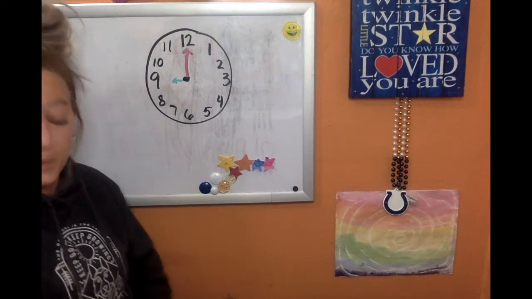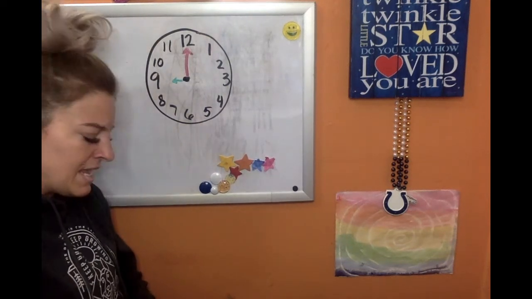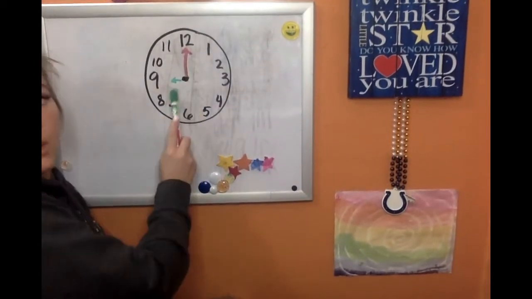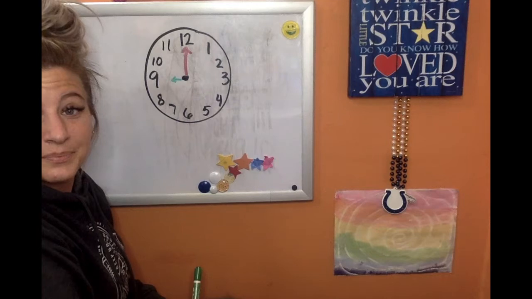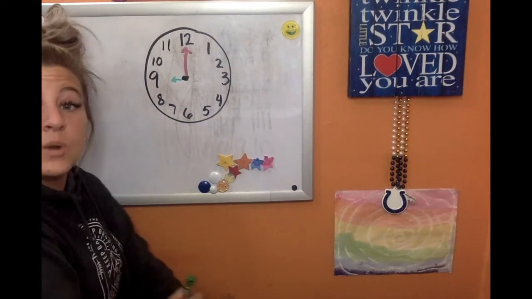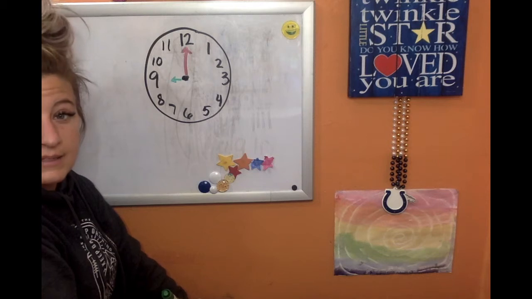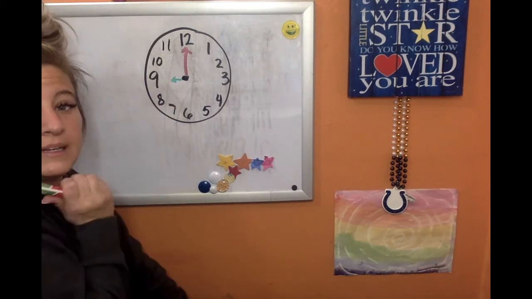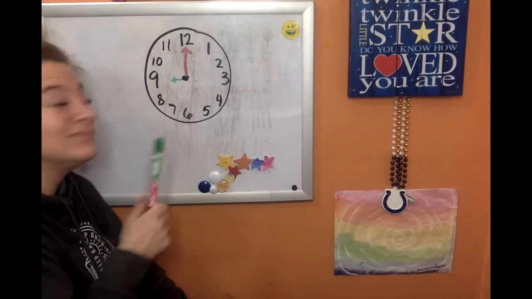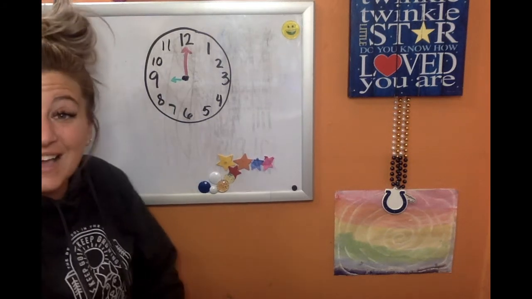The red or the green? Is the minute hand red or green? Red, because it's longer. All right, which one is the hour hand? The red or the green? The green. Awesome.